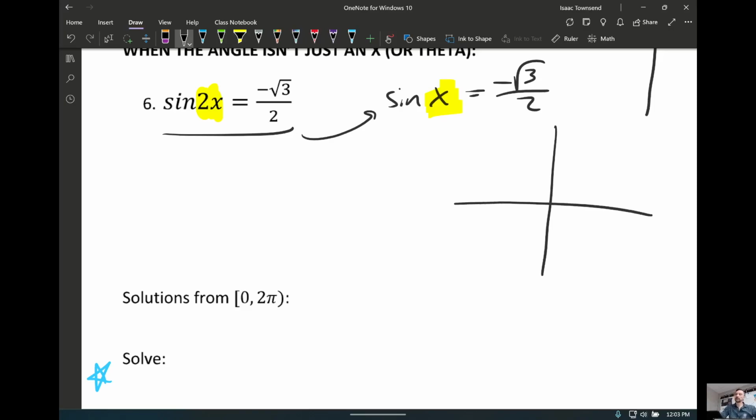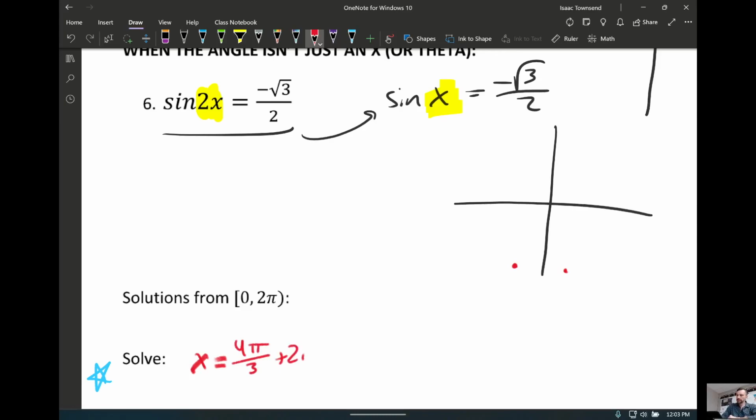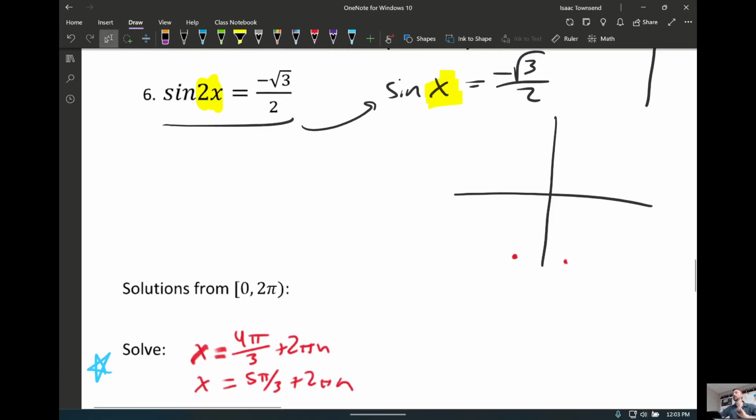So sine x is negative square root of 3 over 2 when x is 4 pi over 3 plus everything coterminal, and then again at 5 pi over 3 plus everything coterminal. But there's a catch.